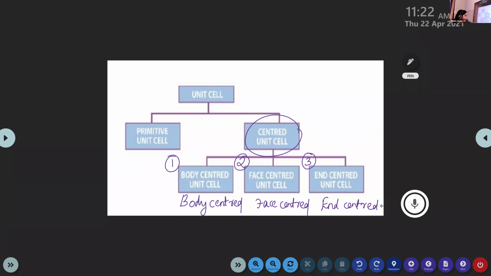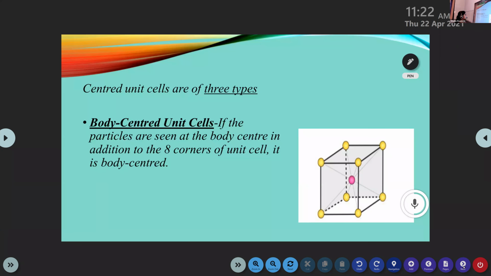Then we can learn what body-centered, face-centered, and end-centered unit cell mean. First one, body-centered unit cell. In the centered unit cell, you have learned that along with the corner position, some other position is also occupied by this constituent particle. Here in the body-centered unit cell, if the particles are seen at the body center in addition to 8 corners of a unit cell, it is body-centered. There are 8 corners for a cube, so 8 positions are occupied in the corners.